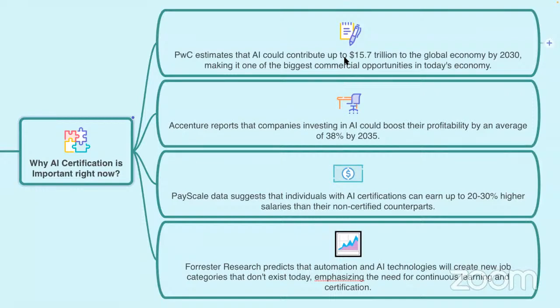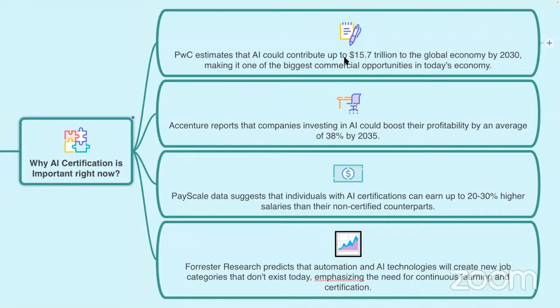And Accenture reports that companies investing in AI could boost their profitability by an average of 38% by 2035, which makes it one of the hottest fields in every industry, because every company wants to boost profitability by exploring applications of AI and generative AI in their business applications.